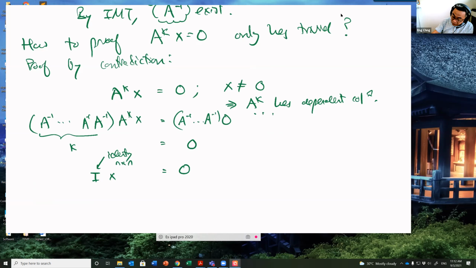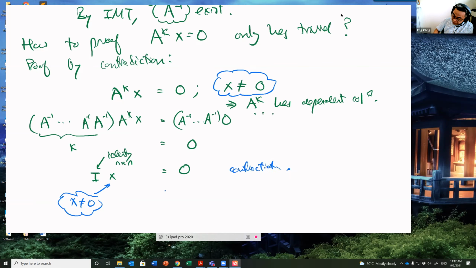But our first point was X is not equal to 0, right? That was what we started with. Identity times X, not equal to 0, equals the 0 vector. This is a contradiction. Something is wrong.